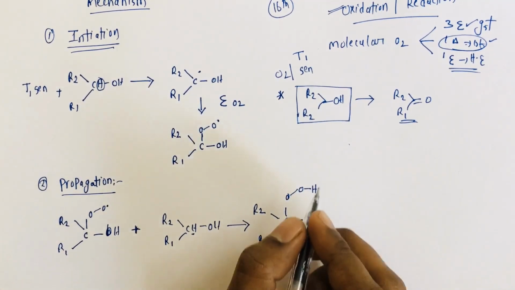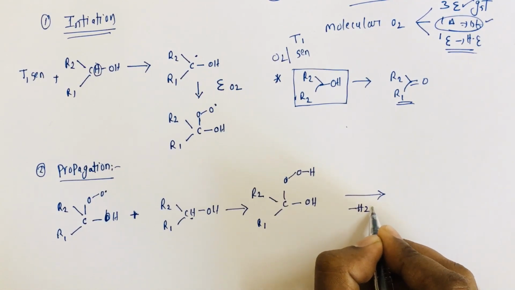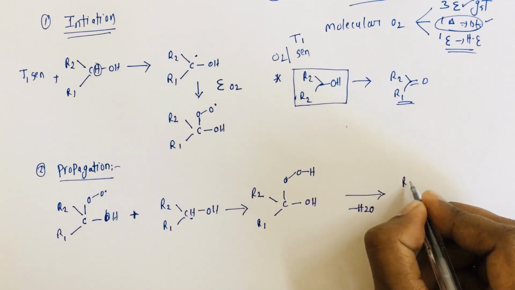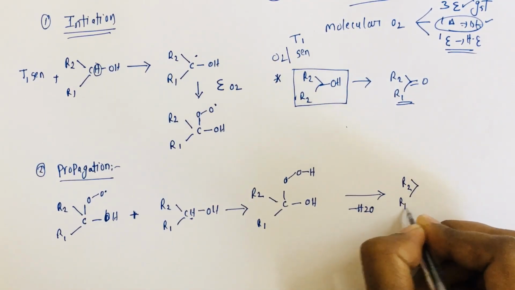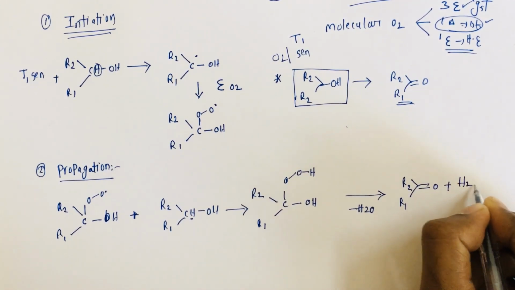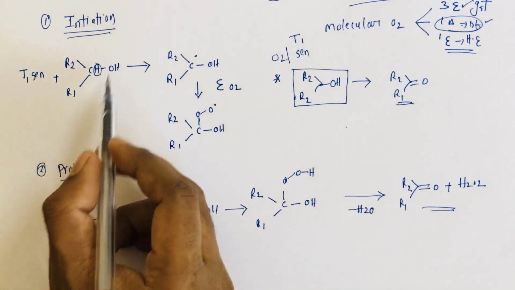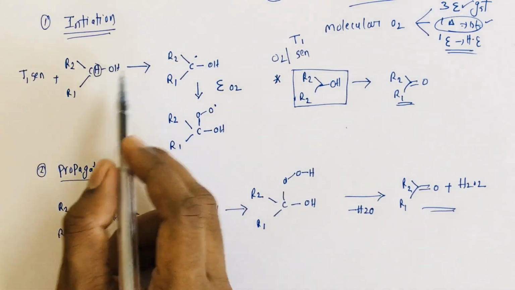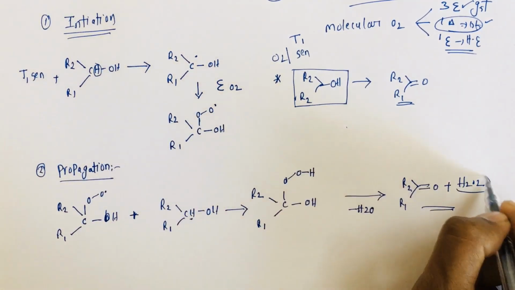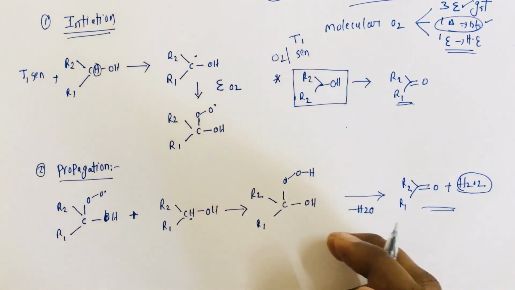So this is the propagation step. In the termination step, removal of a water molecule leads to the formation of the carbonyl compound plus H2O2. They may ask a question like what is the byproduct in the oxidation of alcohol with molecular oxygen. The byproduct is H2O2. You have to remember this. So this is a very simple reaction.